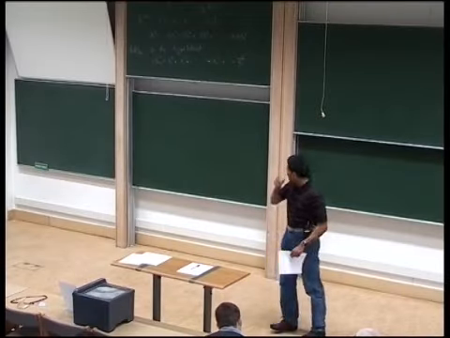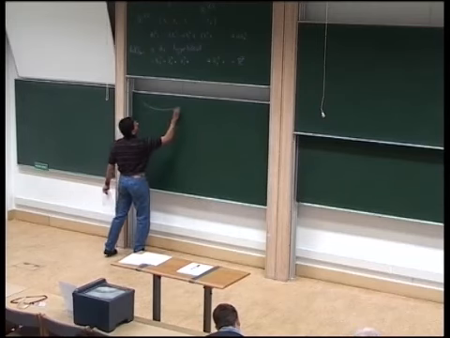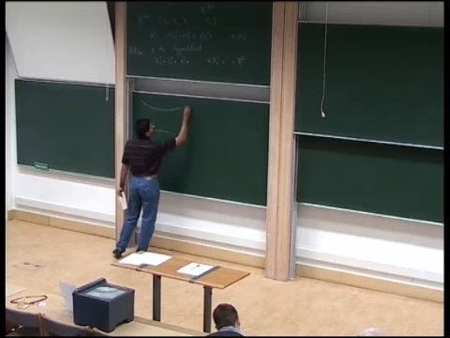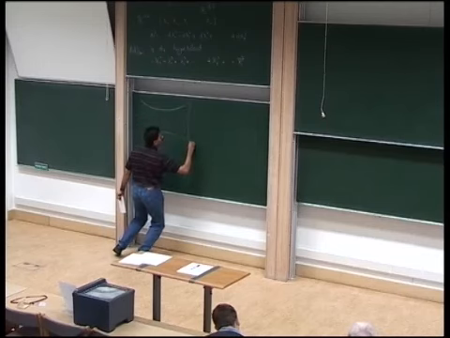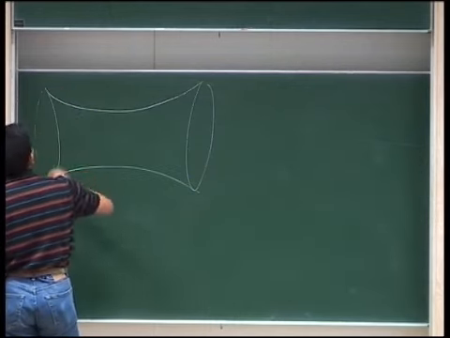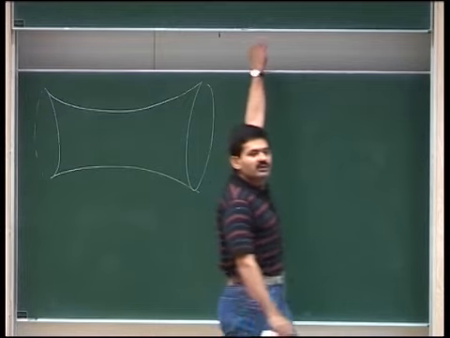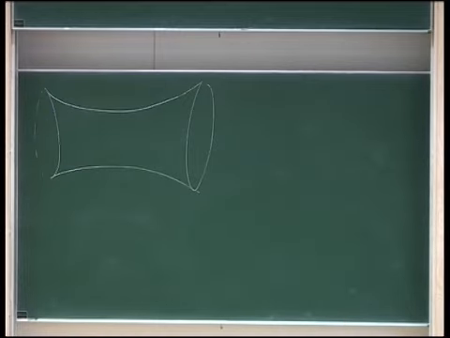Okay? So you can visualize this as saying that here is the hyperboloid embedded in this parent flat space that I'm considering.